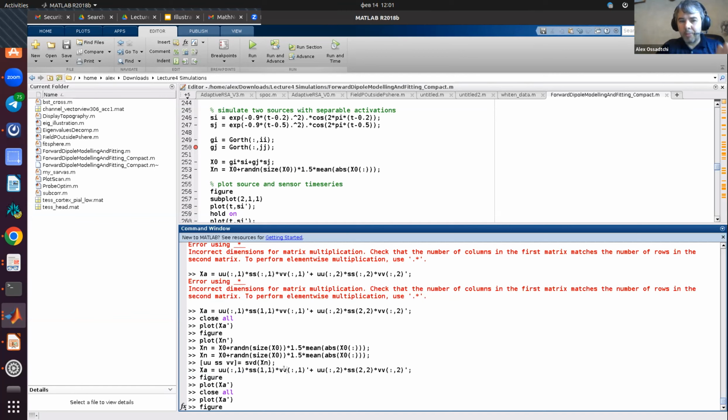But the subspaces formed by vectors UU1 and UU2 and the subspace formed by GI and GJ are very close. Okay. So you estimate not an individual vector, but you estimate the subspace.